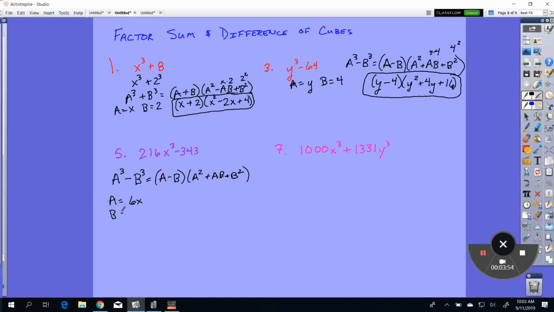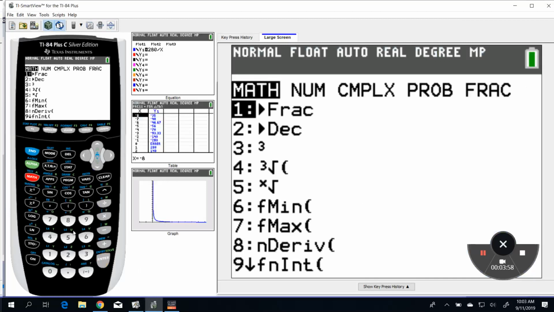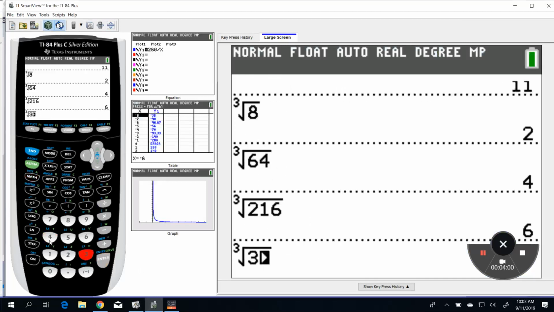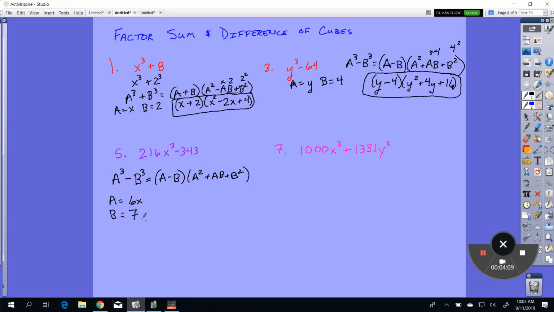What's b going to be? So again, you hit math, then 4, 343, right? So on these, just use the positive value, don't use the negative value. So b is going to be 7. And so now you just plug those in.